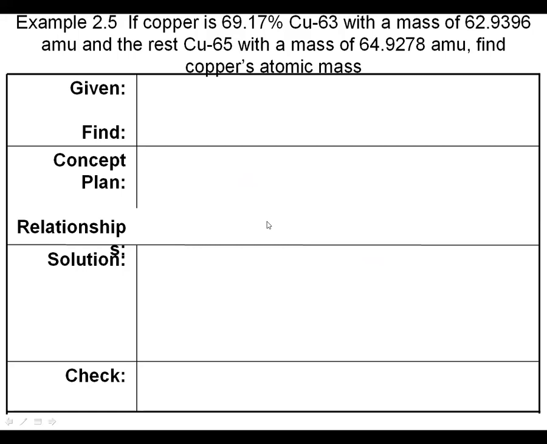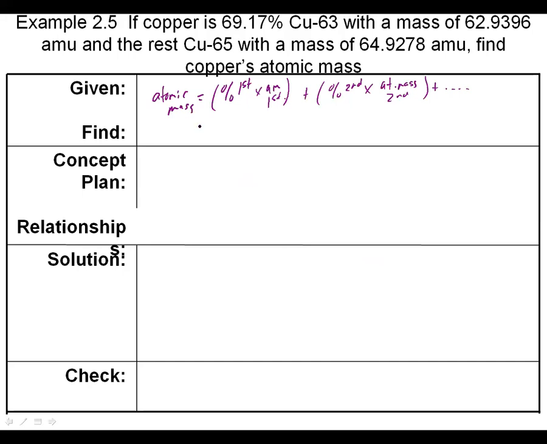This is a problem where we can use our formula that we saw earlier, and that formula being that the atomic mass is equal to the percentage of the first isotope times the atomic mass of the first isotope, plus the percentage of the second isotope times the atomic mass of the second isotope. And you could continue that if you had more than two isotopes.